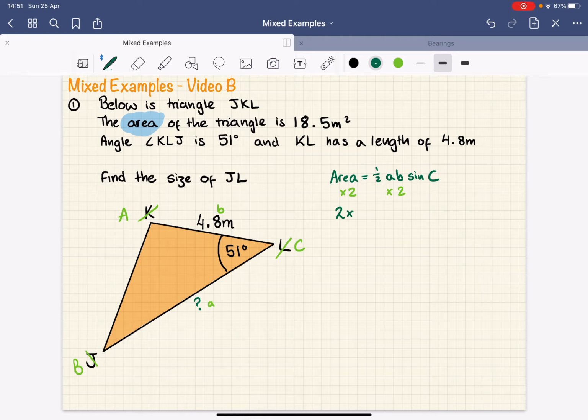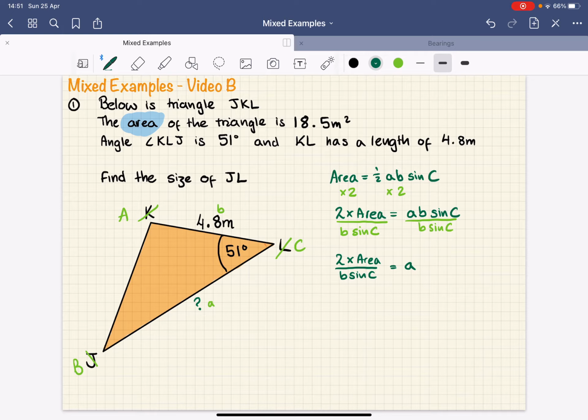So I've now got 2 times the area equals, and that will just be AB sine C. And then being multiplied with my A is this B sine C. So I want to divide that away, dividing both sides by the B sine C. And so I'm now left with 2 times the area all over B sine C equals A.